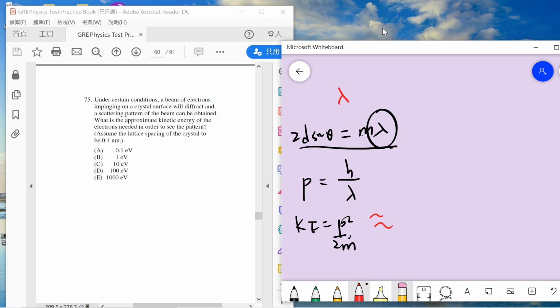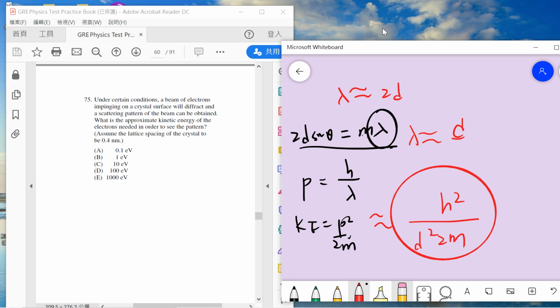I can view this lambda as basically 2d, or the scale of d. So I can calculate h squared over 2m d squared, and this is the scale. Once you compute, you get an answer close to 10 eV.